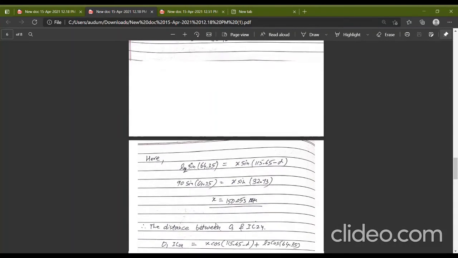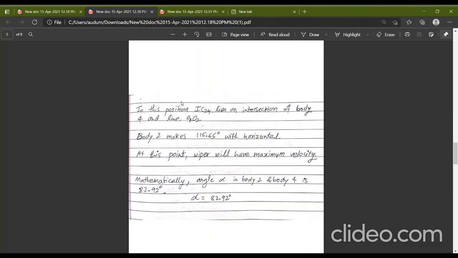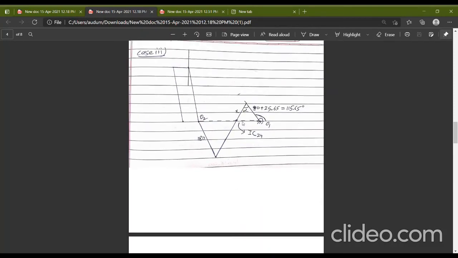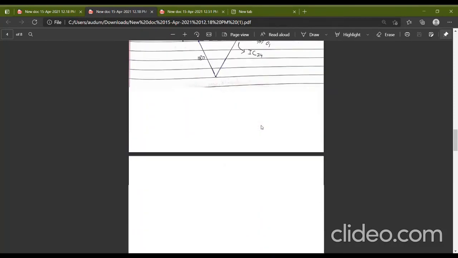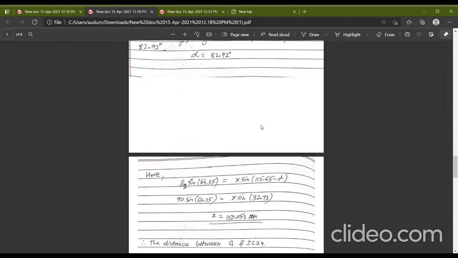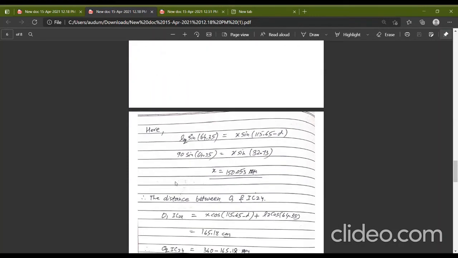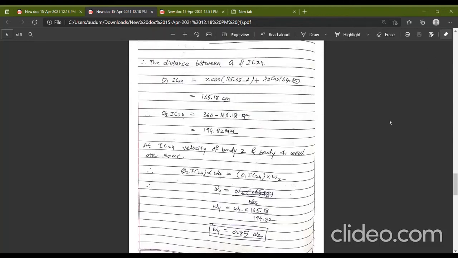Now for further calculation, we require the distance between IC24 and O1, which we can calculate by using trigonometry. Using trigonometry we found the distance of IC24 from O1 and O2, which is 165.18 millimeters and 194.82 millimeters.